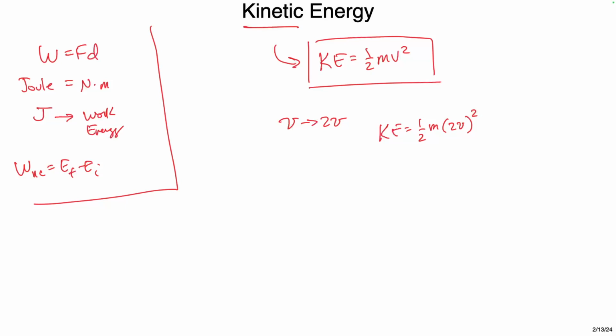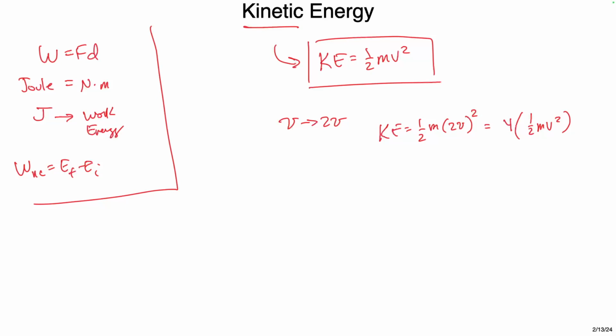It becomes a 4, right? So this becomes 4 times 1/2 mv squared, doesn't it? I square the 2v, which means I square the 2 and I square the v. And I end up with how much more kinetic energy? 4 times. A doubling of speed is an increase of 4 for the kinetic energy.